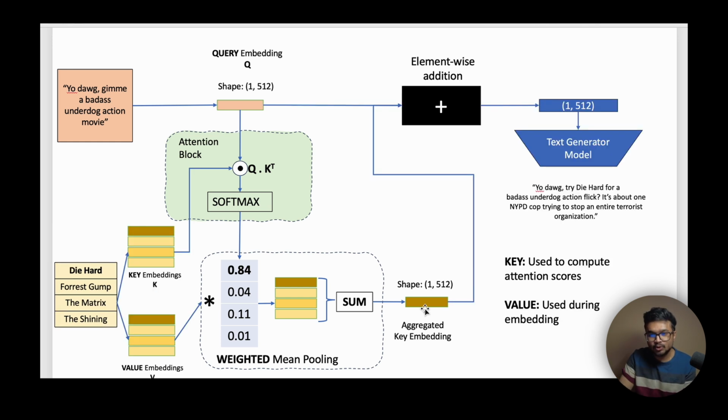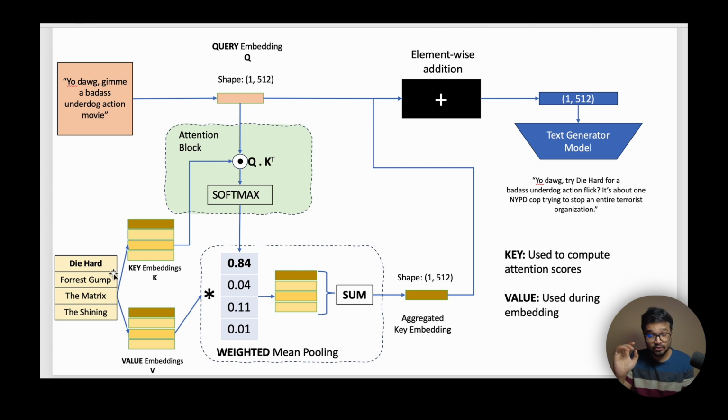And the last thing I'm going to talk about before jumping back into code is the concept of value embeddings. So value embeddings are generally also obtained from your keys. Your movie database gets converted to a bunch of key embeddings through a neural network and also to value embeddings through another value neural network. And we're going to talk about these neural networks when we jump back into code.